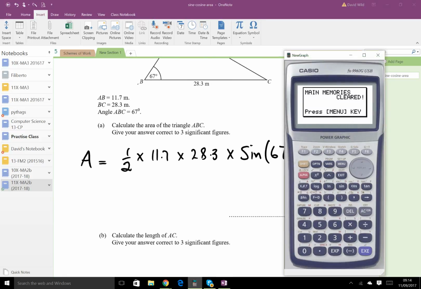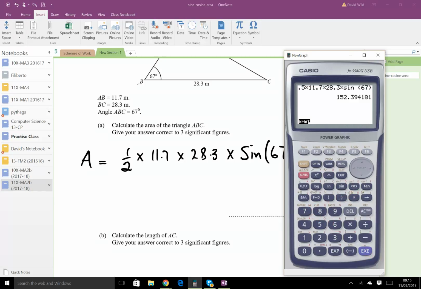So let's just get a calculator up here. And I'm just going to check that this is in degrees and not radians. I'll just change that to degrees. And now we've got a half, 0.5, times 11.7 times 28.3 times the sine of 67 degrees.